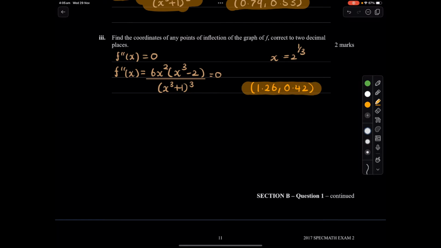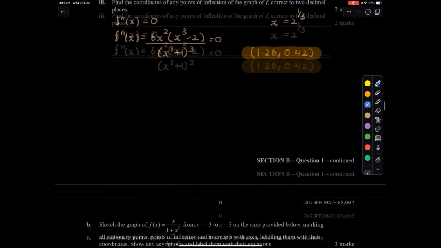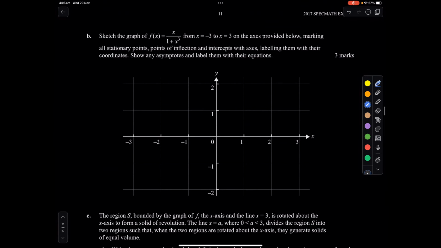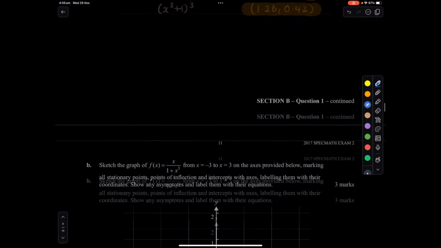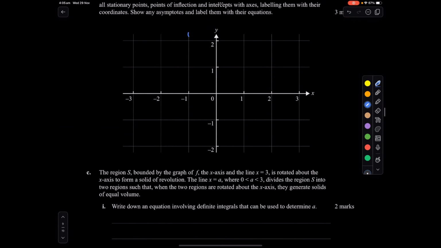That's it. Next question. Sketch a graph of f of x, this, from x equals -3 to 3 on the axis below, marking all stationary points, points of inflection and intercepts with axes, labeling them with their coordinates, and show any asymptotes and label them with the equation. So straight away we know that there is an asymptote at x equals -1, so let's draw that.